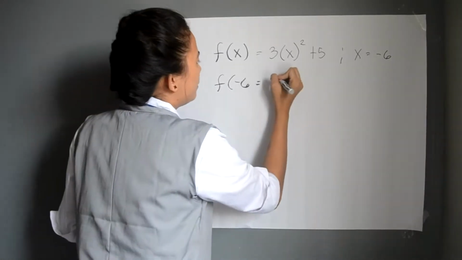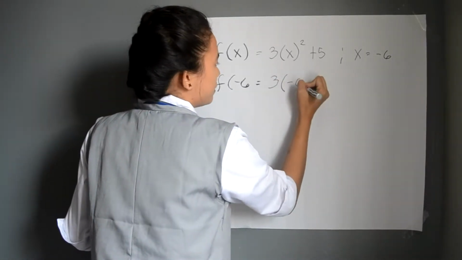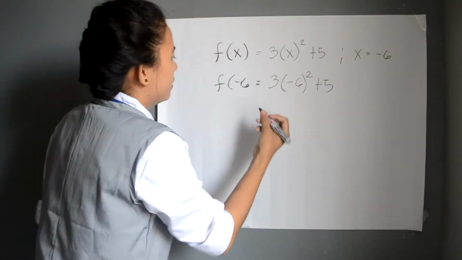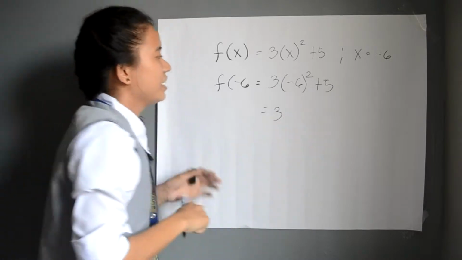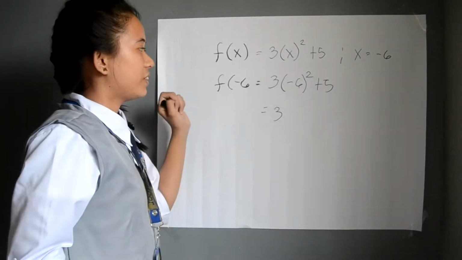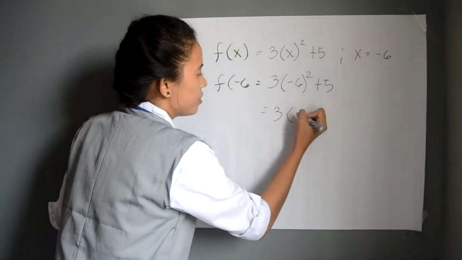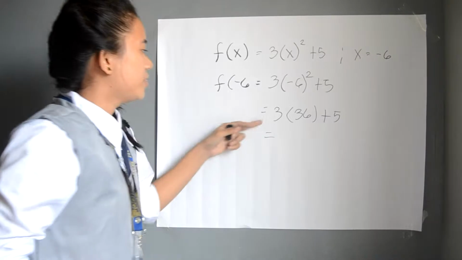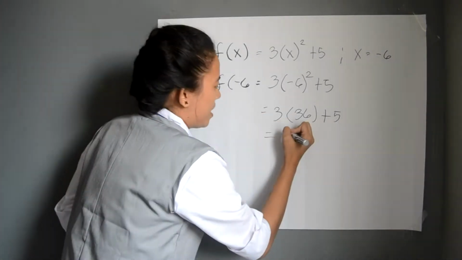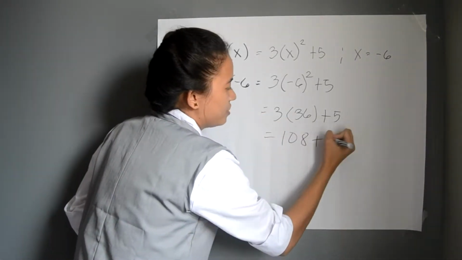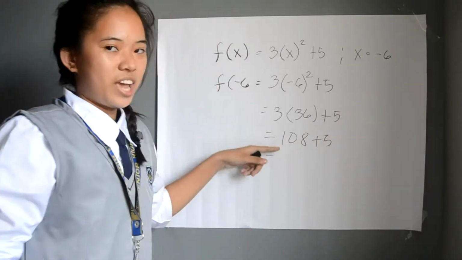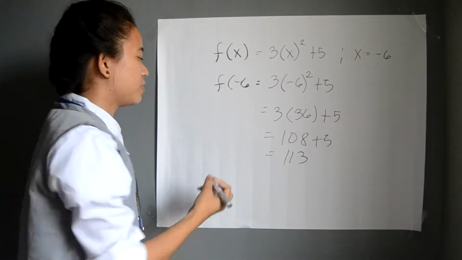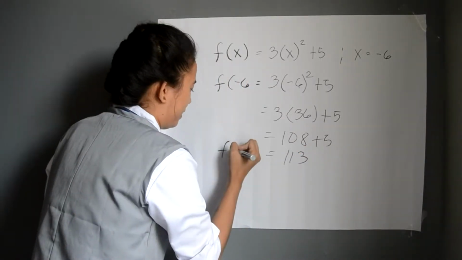So we have 3 times negative 6 raised to the power of 2 plus 5. Negative 6 raised to the power of 2 is equal to 36. 3 times 36 is 108 plus 5. 108 plus 5 is equal to 113. So our f of x is equal to 113.